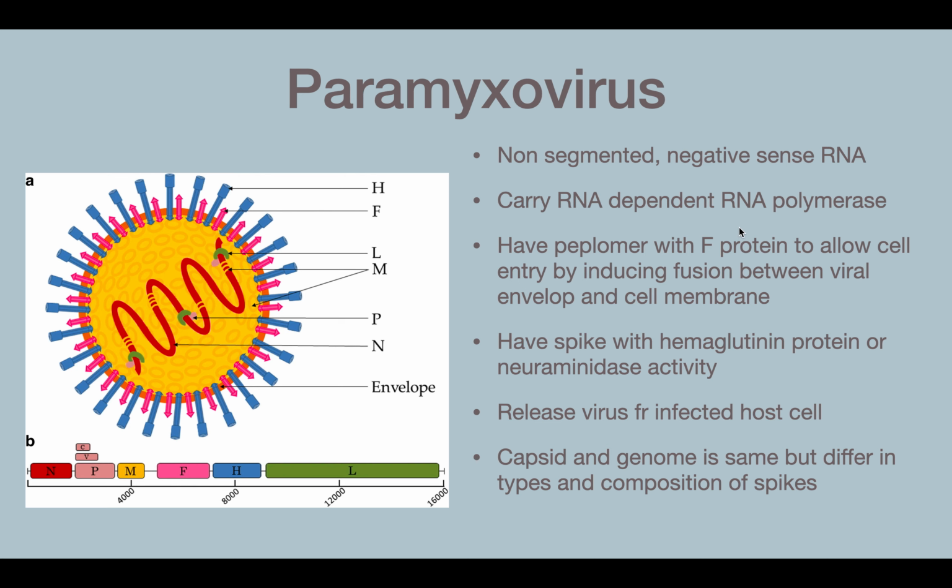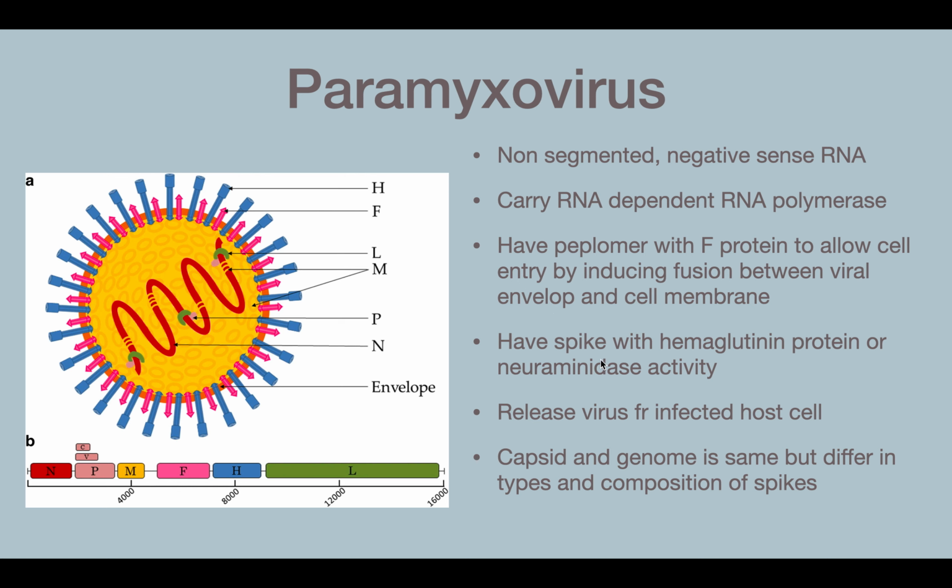So the RNA-dependent RNA polymerase is going to make the viral proteins, thanks to a peplomer with the F protein, and that's going to allow the virus to go into the host cell by inducing the fusion between the viral envelope and the cell membrane.